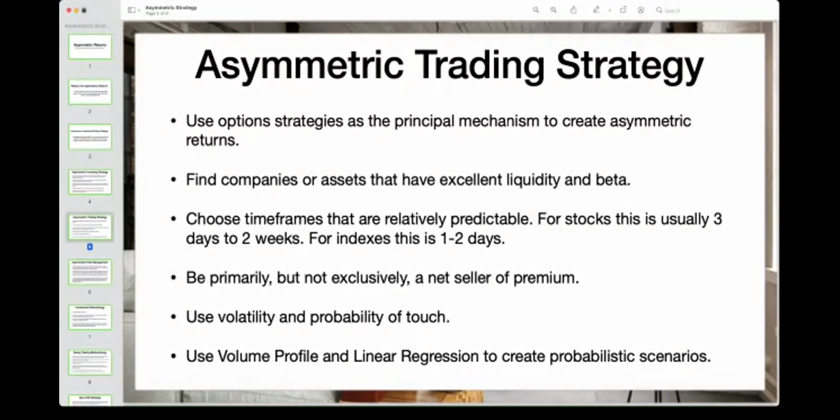So in other words, 100% of our risk is what we are normally making in those trades. And then with the potential of making 400, 500, or 1,000% of that risk that we take.